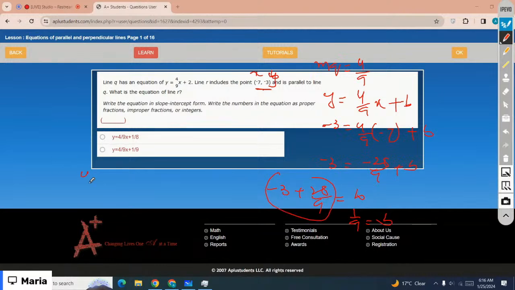So the equation is y equals 4 over 9x plus 1 over 9. The correct option is option number 2, that is y equals 4 over 9x plus 1 over 9. Got it?